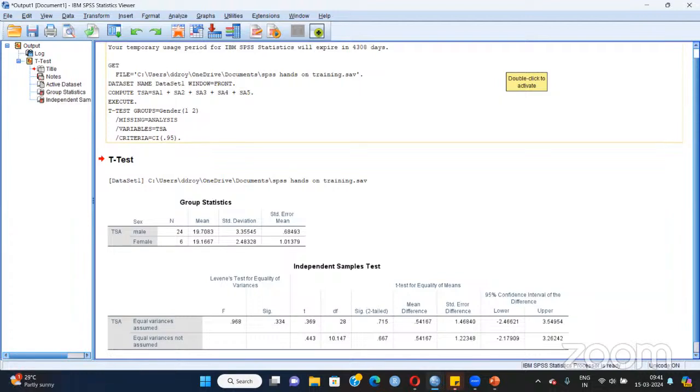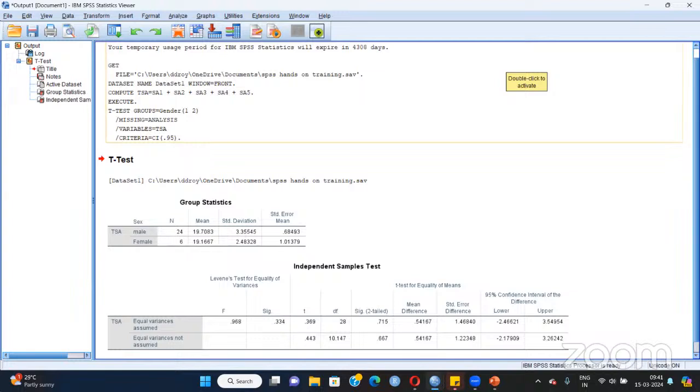So 2 groups are there. Male means 1, 2 means female. Okay, and the t-test, I have followed the confidence interval, that is 95%. Okay, so it is called the 0.95.